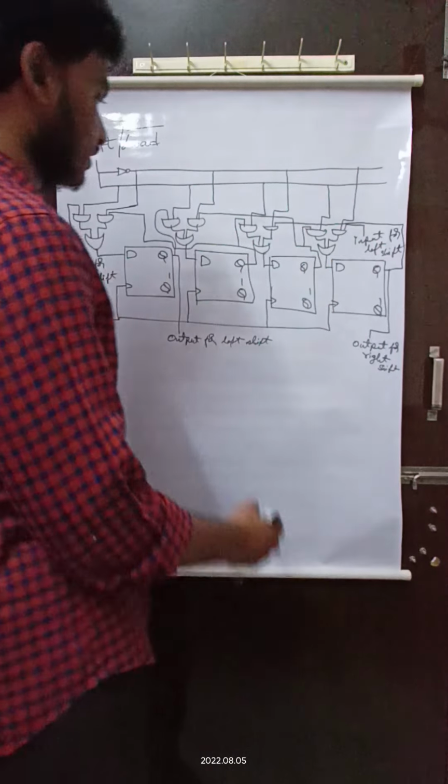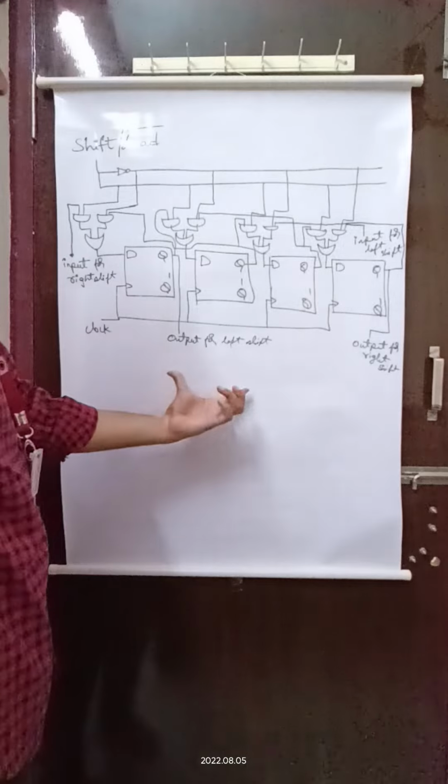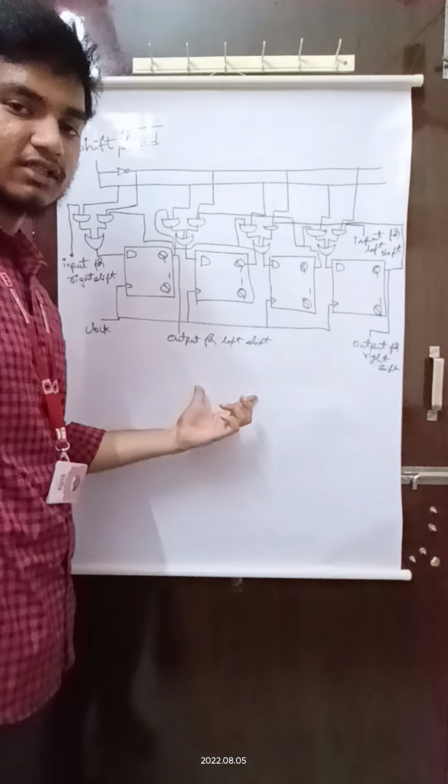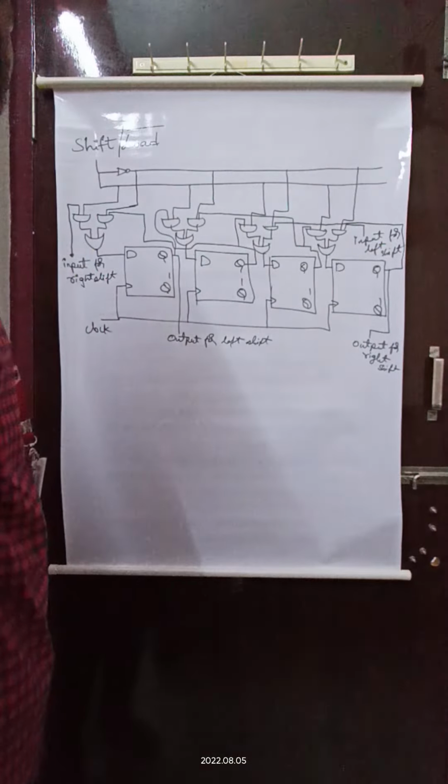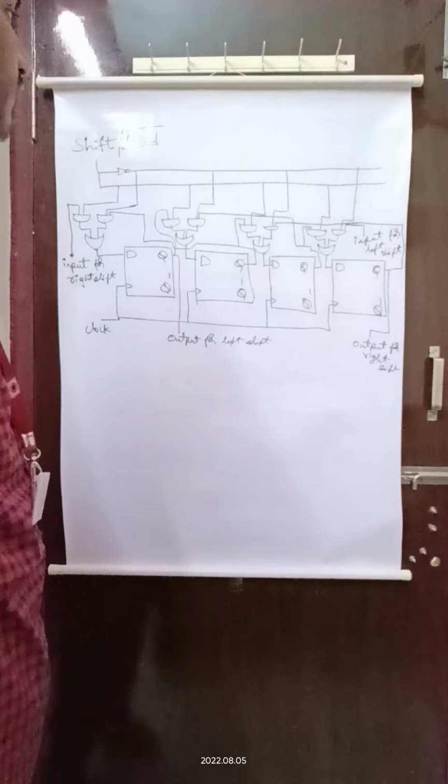So we have successfully given the inputs. So this is the block diagram of the bidirectional shift register. Now let us see its performance.